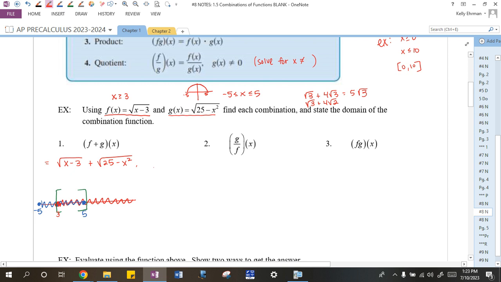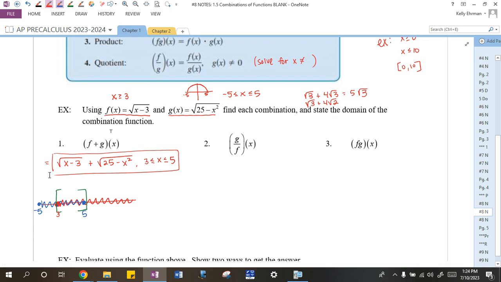You can use interval notation, or we will often see it listed out in inequality notation when we're looking in textbooks or on an AP exam. So I come up with my new combination and I state the domain. Every time you come up with a new equation in terms of x, you're not just evaluating, you need to state what the domain is, even if it's all real numbers.